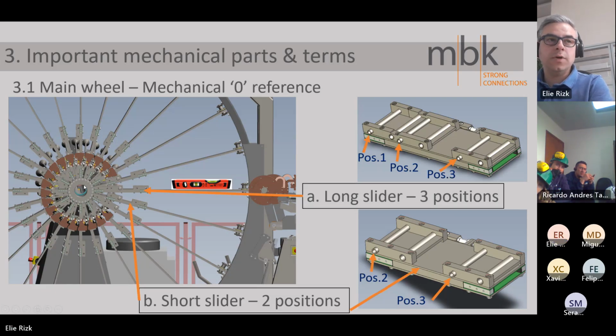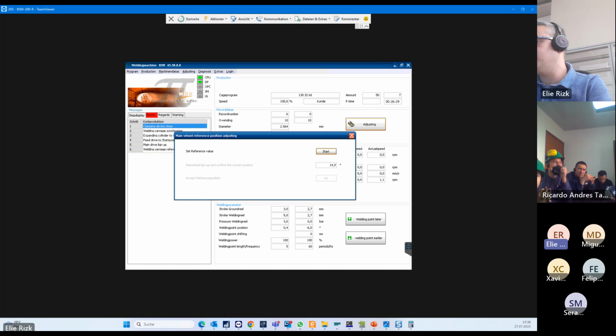So what is important is to have the longer slider spoke. We put a spirit level on it to know if the 0 position is actually 0. So when the level is okay and you read 0 on the machine, the level is okay.